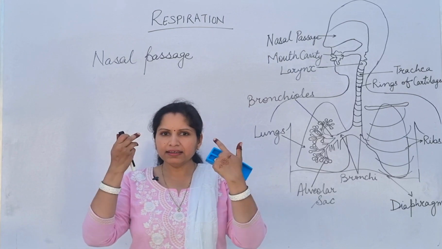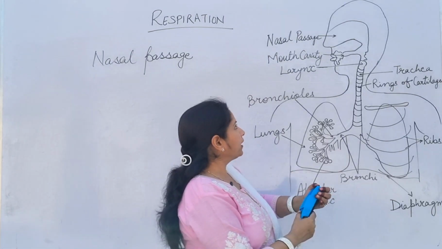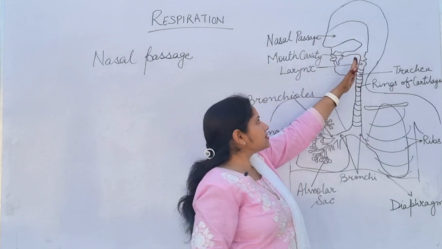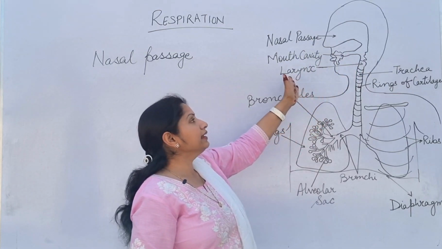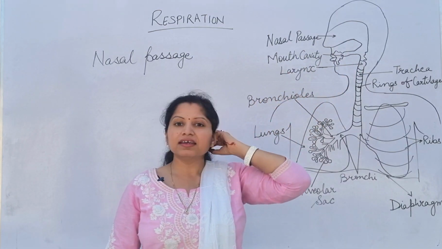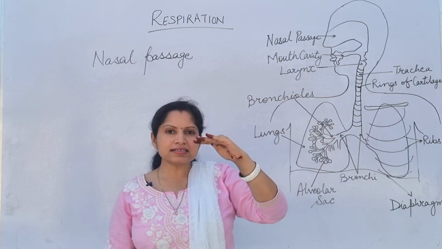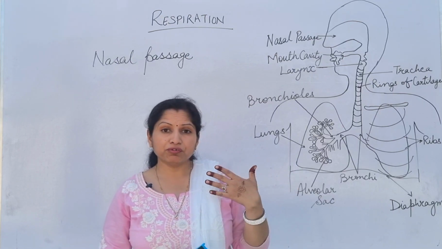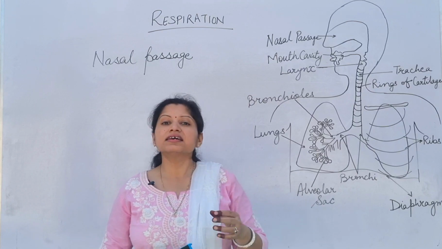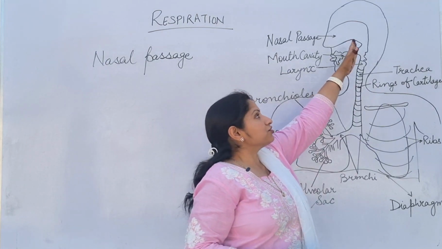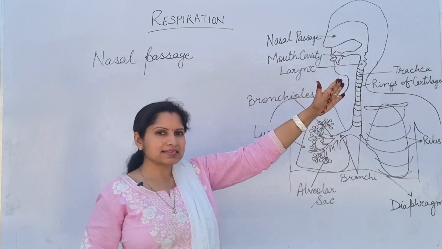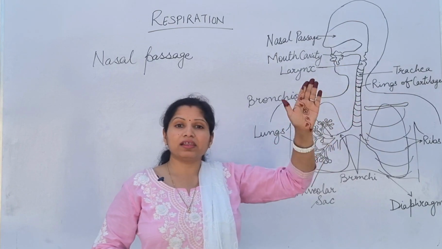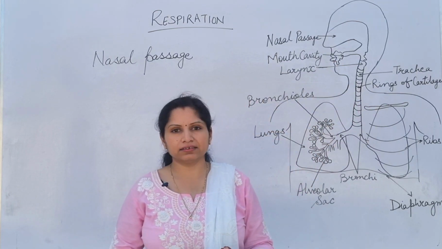Then the air passes through the nasal passage into the larynx. This larynx has a covering because before passing to the larynx, there is a passage that is common for food as well as for the inhaled air.